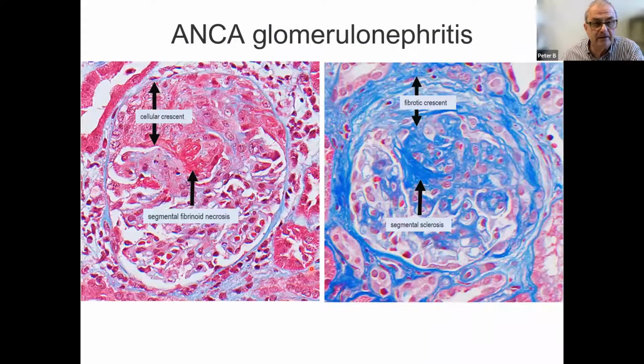Kidney biopsy, typical findings are cellular crescents, and you count how many cellular crescents, and the other finding is segmental fibrinoid necrosis. Then more chronic findings are fibrotic crescents, and in many patients you find both active, fresh cellular crescents and fibrotic crescents, and also segmental sclerosis is a more chronic change.